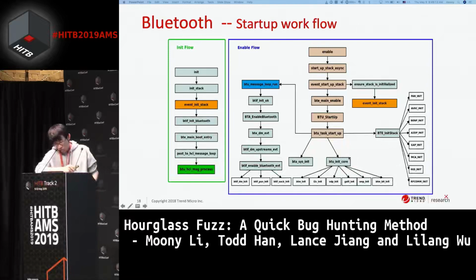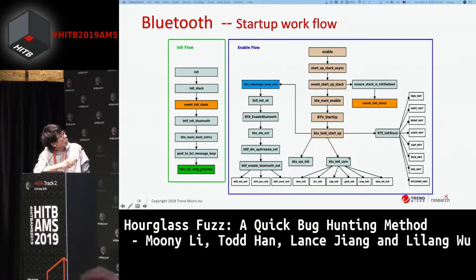And as we know, although Bluetooth uses multi-thread to init the modules it will use, what will first be invoked is the init flow, the left part of the figure. It will be triggered in the flow of starting the Bluetooth service. After initializing some modules like the stack config module and others, finally it will set up the important callback functions to process messages.